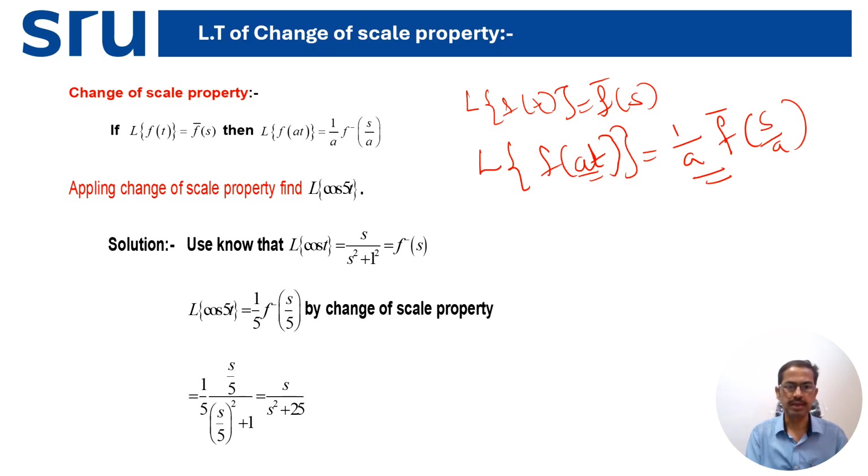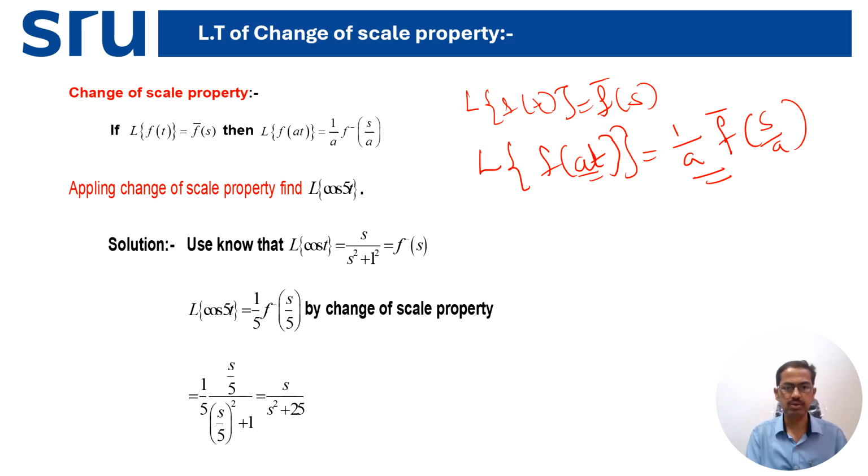Now apply the change of scale property. Find the Laplace transform of cos pi t. You know already the Laplace transform of cos bt and sin bt. By applying the change of scale property also we can calculate. If you forgot this, then you apply the change of scale property. So what is the Laplace transform of cos t?